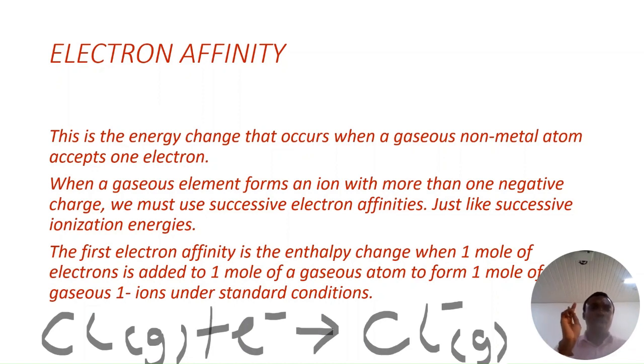Chlorine as an element has 7 electrons in its valence shell, so chlorine needs 1 electron to complete its octet state. So we have the first electron affinity of chlorine: when 1 mole of electrons is added to 1 mole of a gaseous atom to form 1 mole of a gaseous minus 1 ion under standard condition.